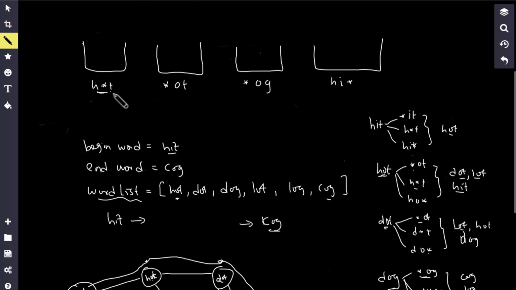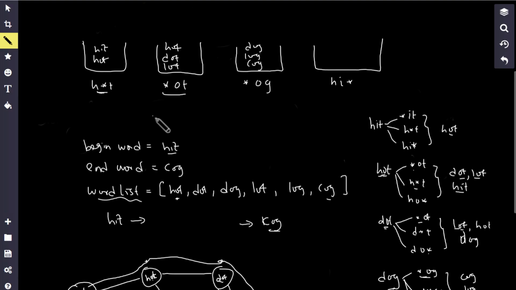For example, for H star T, the appropriate element would be either HIT or HOT. And for star OT, the appropriate words would be HOT, DOT, or LOT. And for L star OG, you could have DOG, LOG, and COG.